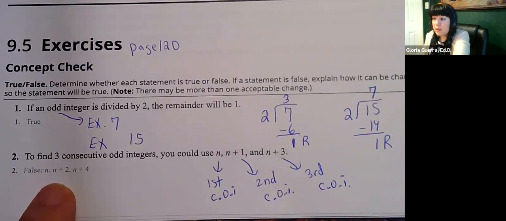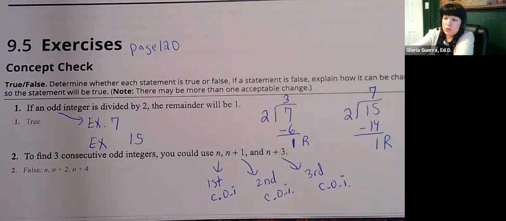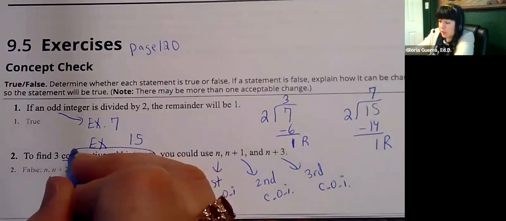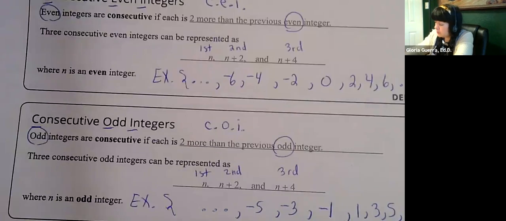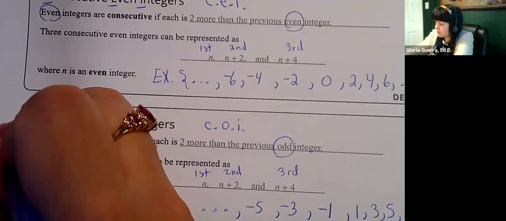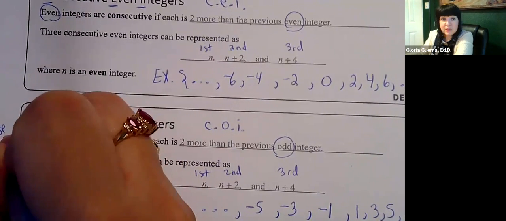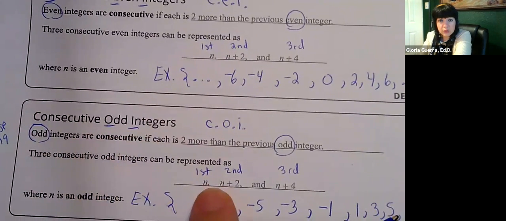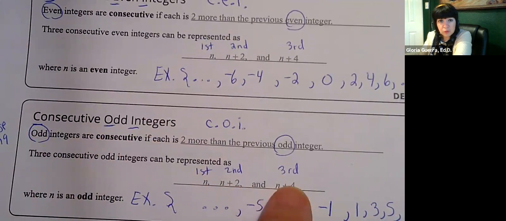And let's see why. You want to go back to your vocabulary sheet and you want to look up consecutive odd integers. And when we go to that here, this is page 119, consecutive odd integers. This is what they told us to use: n, n plus 2, and n plus 4.